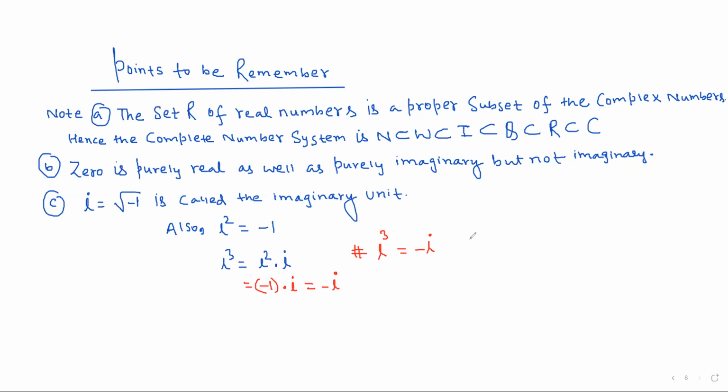And iota to the power 4 is iota square into iota square, -1 into -1, which is +1.